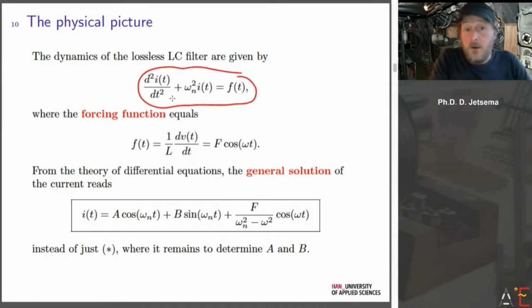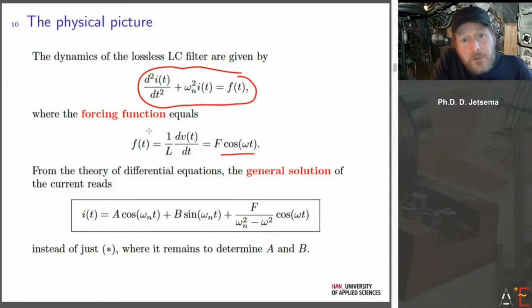This is essentially Kirchhoff's voltage law and then differentiated, because I have to remember the definition of the natural frequency. So you have L dI/dt, and then Q over C equals the voltage. That's Kirchhoff's voltage law for the circuit. So this is just the physical relationship of this filter. And then the forcing function in this case will equal this.